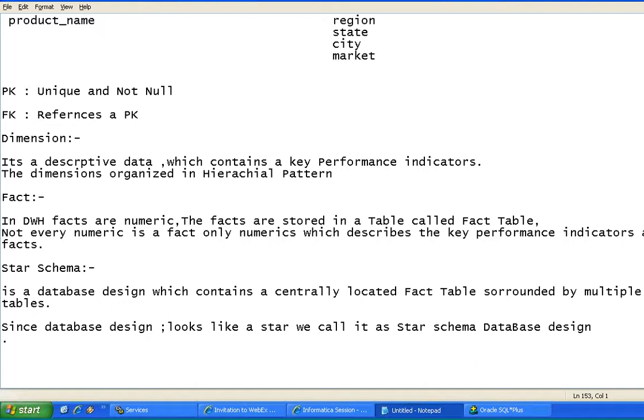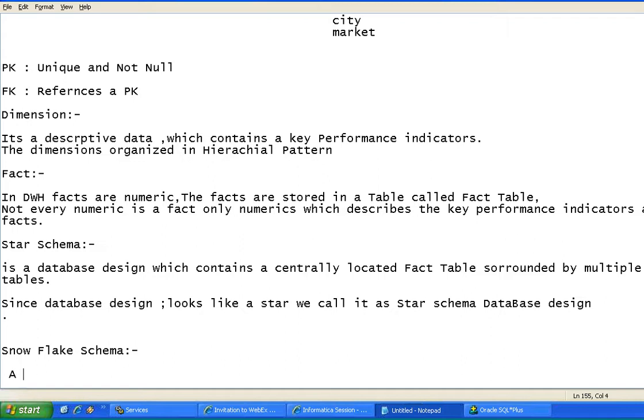Similarly, if you go for snowflake schema, what will happen? The second schema is snowflake schema. What is the snowflake schema? In snowflake schema, a denormalized dimension table is split into one or more normalized tables.